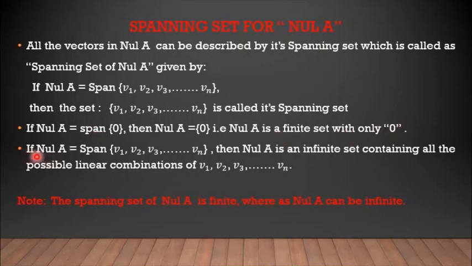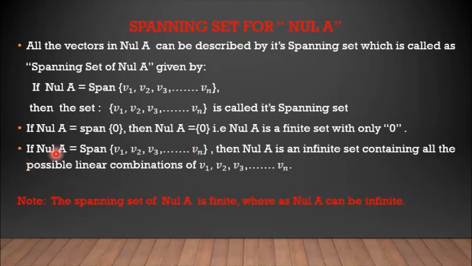The second point: if null A is equal to the span of a finite number of elements v1, v2, v3 and so on up to vn, then null A is an infinite set containing all the possible linear combinations of v1, v2, v3 and so on up to vn. So here the spanning set v1, v2, v3 and so on up to vn has a finite number of vectors, but the span of this finite set will have infinitely many vectors.